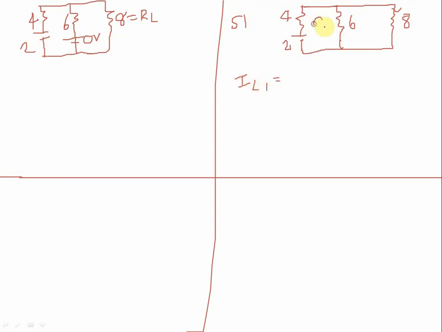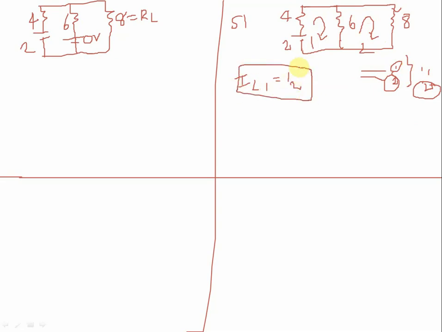Loop number 1, loop number 2, write equation number 1, equation number 2, simplify, and you will get I1, I2. I2 is my load current.